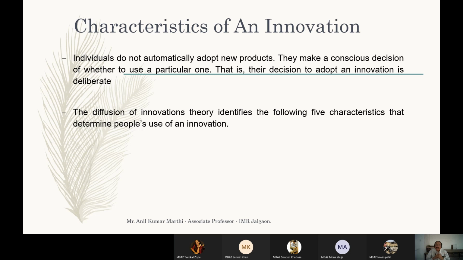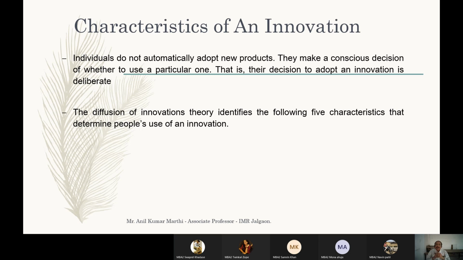But what basically the characteristic of innovation means here is, there is another saying that people are resistant to change. ये आप सभी को पता है. People are resistant to change. So it takes effect in the same way in innovation too. So individuals do not adopt new products.